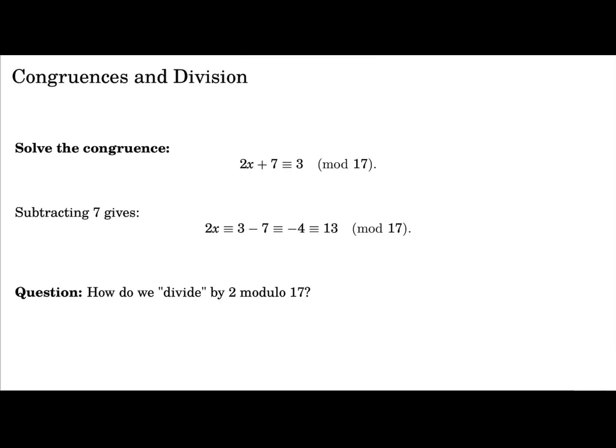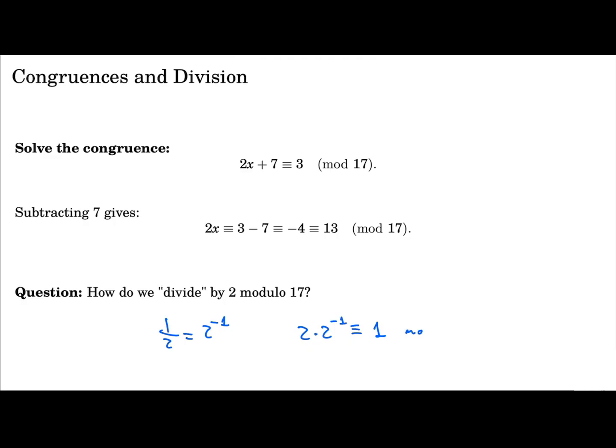Maybe one way you can think about this is, what does it mean to divide by 2? It means that there's a number, sometimes we write it as half, sometimes we write it as 2 to the minus 1, so that when you multiply 2 by 2 to the minus 1, you get a 1.